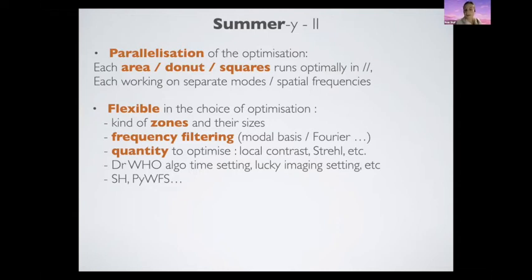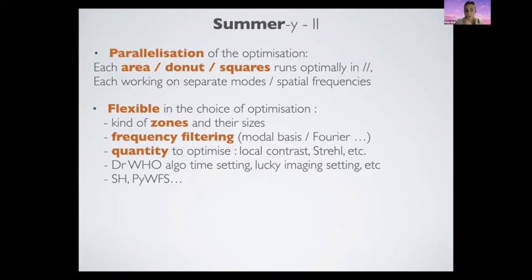I tried at some point with 20 donuts, and that ended up being completely messy, but you can do essentially whatever you want. Same for the size of the zones. You can have a zone that is the size of 1 lambda over D, which would be quite good in understanding the speckles, what their spatial frequency is, and how to better correct them.